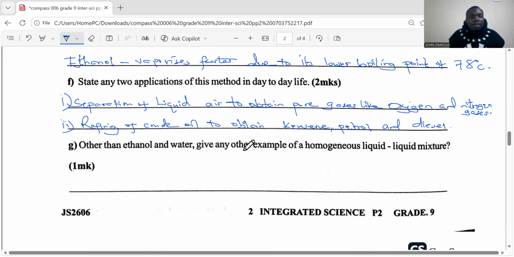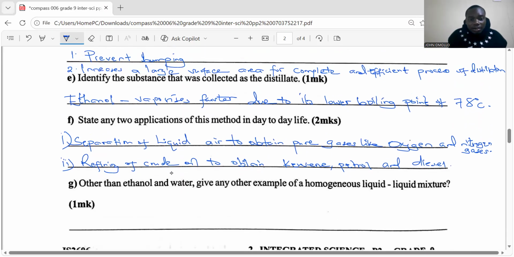Last question. Other than ethanol and water, give any other example of homogeneous liquid mixture. So we have methanol and water. That is Roman 1.